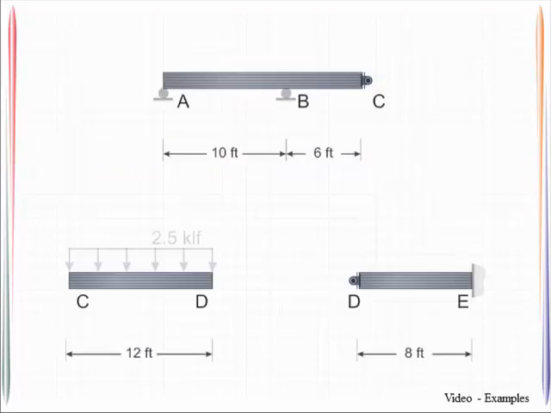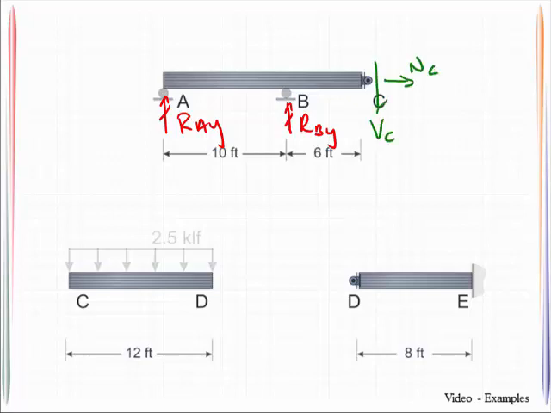We'll then sketch the free body diagrams based upon the unknowns. So RAY, RBY, we then have unknown internal forces VC and NC, which incidentally carry over on this side.